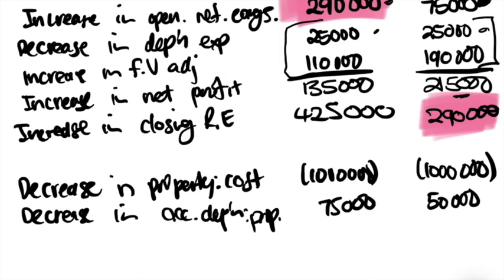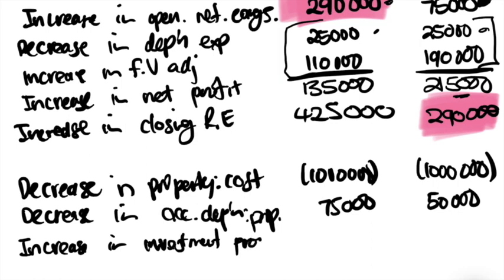Then we have this increase in investment property that is now recognized at fair value. So we're going to have an increase in investment property. So at the end of X2, the fair value is 1240. And at the end of X3, the fair value is 1350.